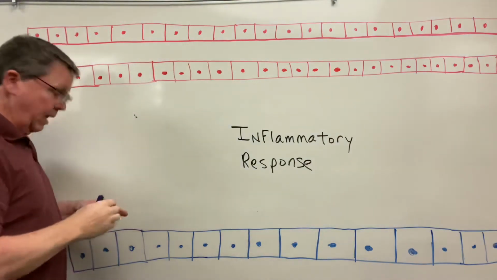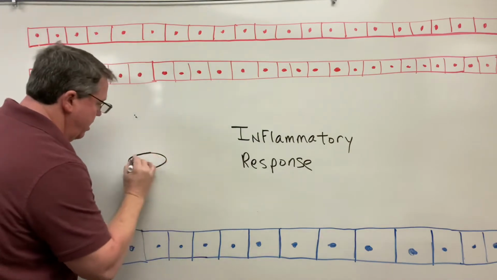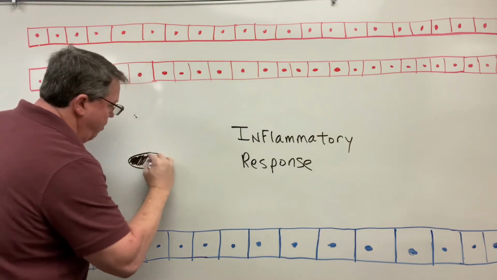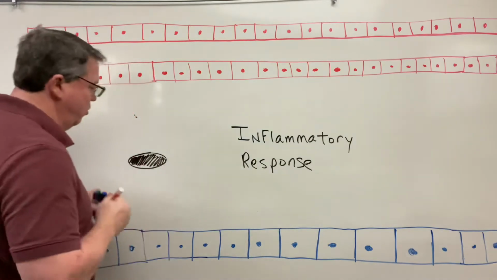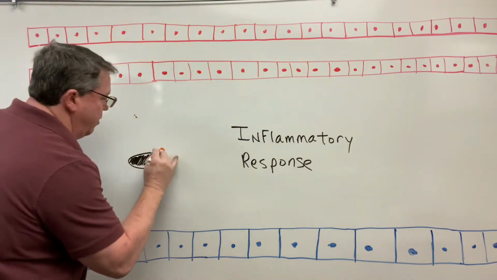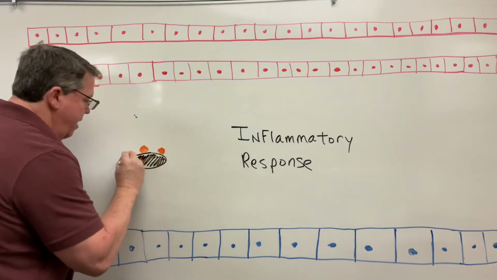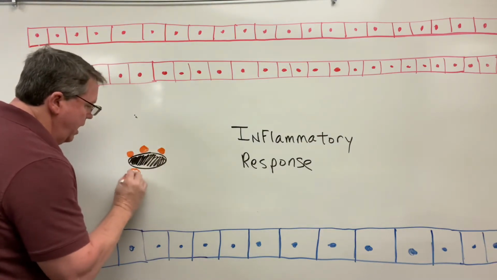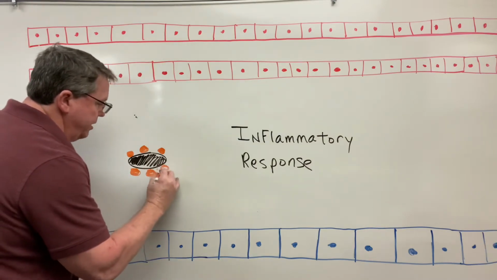Okay, so let's say we have a bacteria come into our body, and here's the bacteria here. For the most part, bacteria have markers. They have protein markers on them, or it could be a lipid marker. And we call these antigens. For the most part, antigens are anything that cause an immune response.